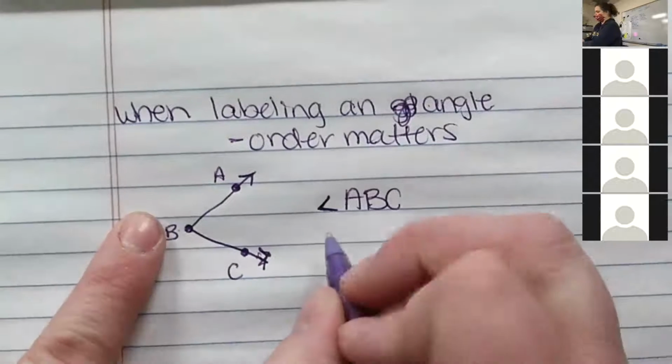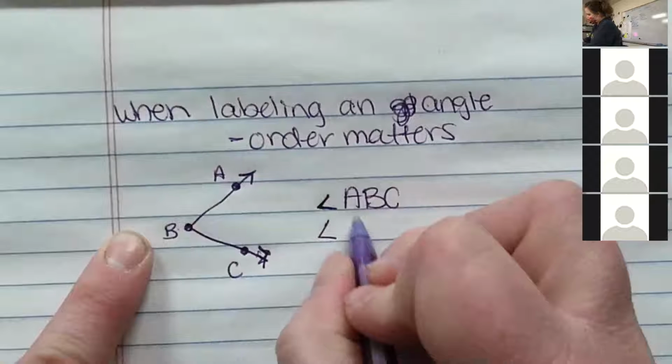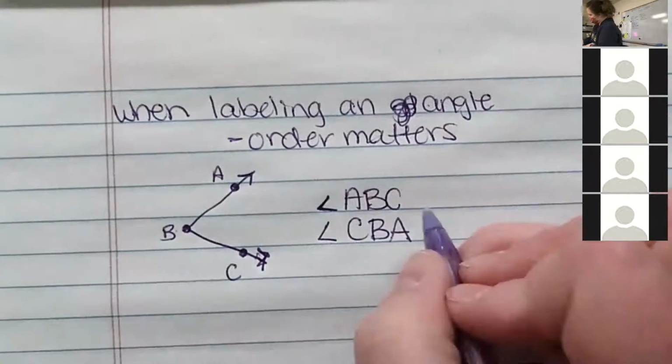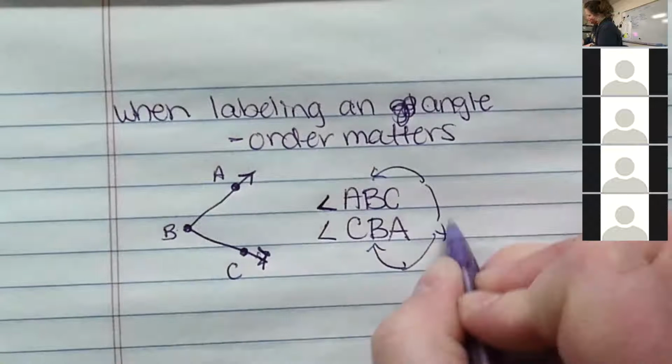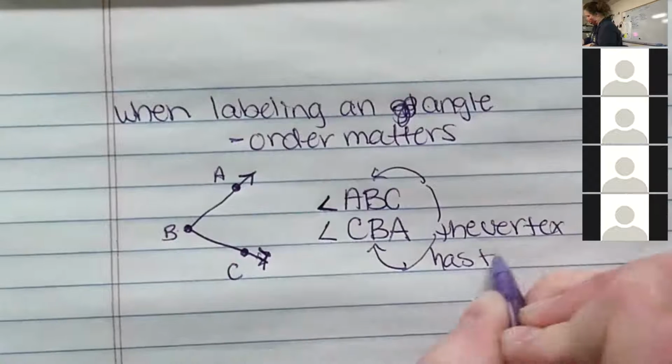What's another way that I could label this angle? CBA. Yep. So B has to be in the center. So again, let's write that down. The vertex has to be in the middle.